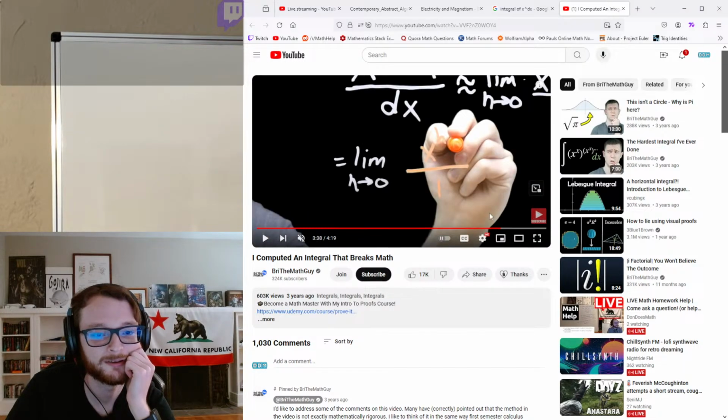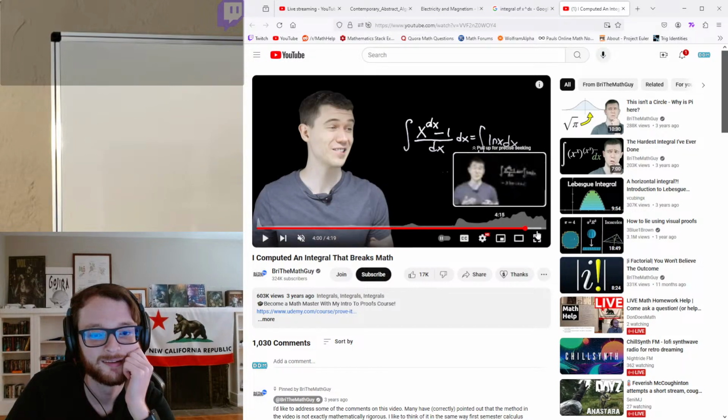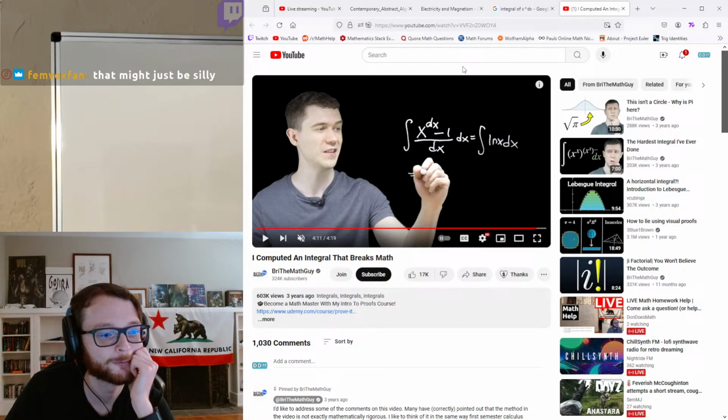I don't understand it for myself, I guess, but it's just the integral of ln x. Wow. I feel it's more of a notation trick than anything particularly meaningful, but yeah.